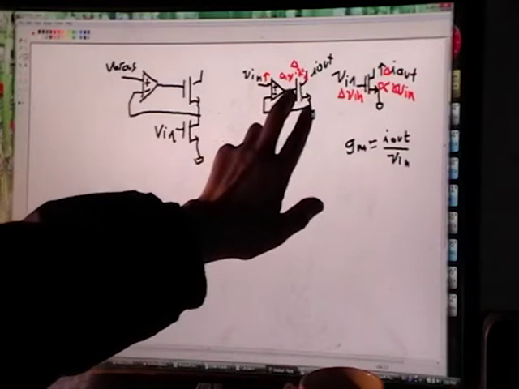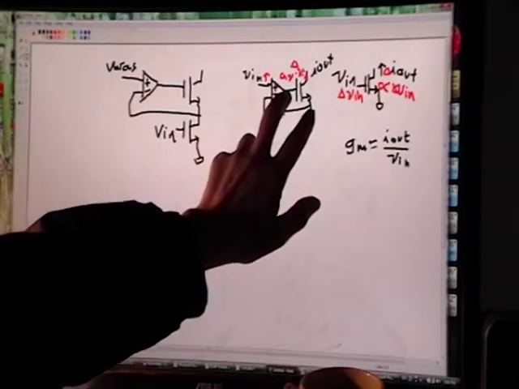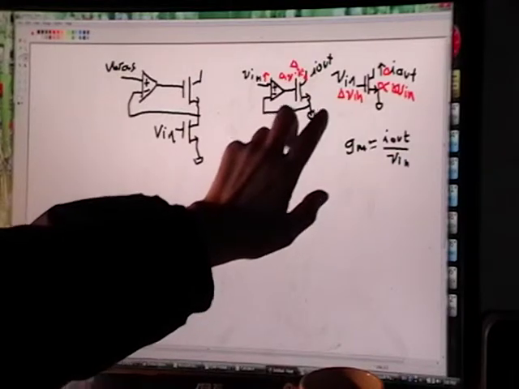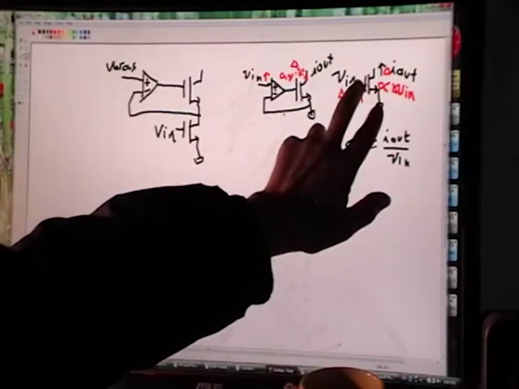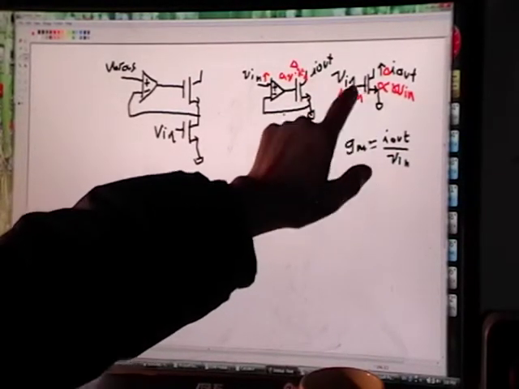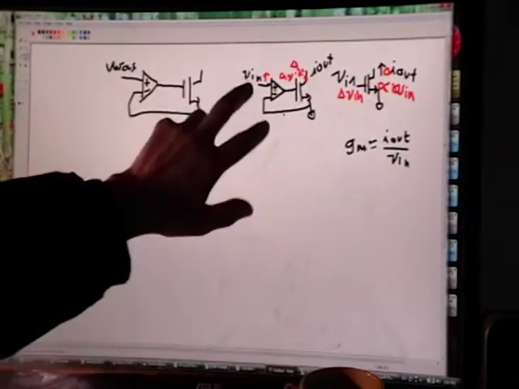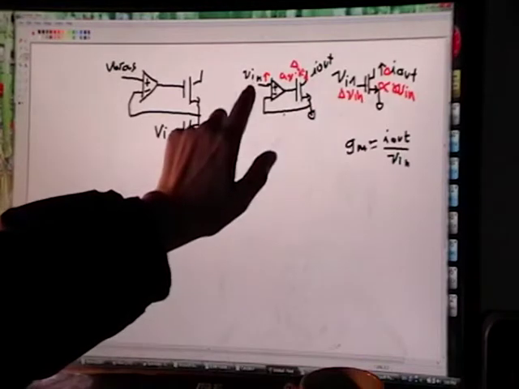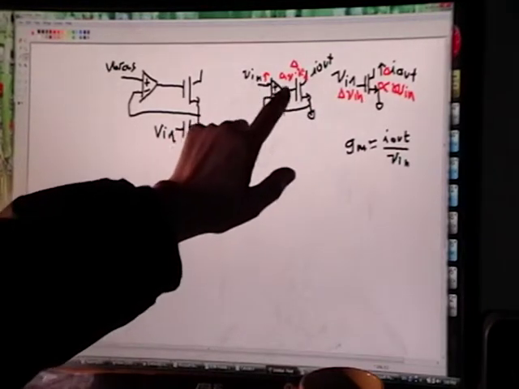If I have a big move here, that means my VGS is changing a heck of a lot. Over here, when I changed VGS, it was just exactly that change. But if I change this V in here, the change in VGS is AV times whatever I changed right here.